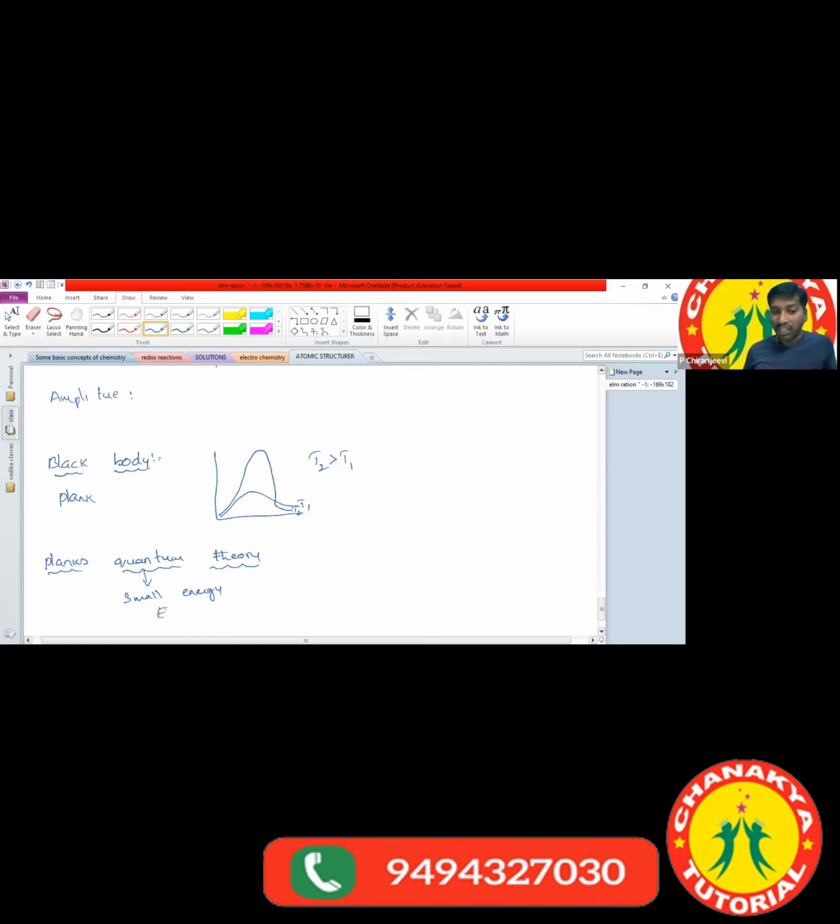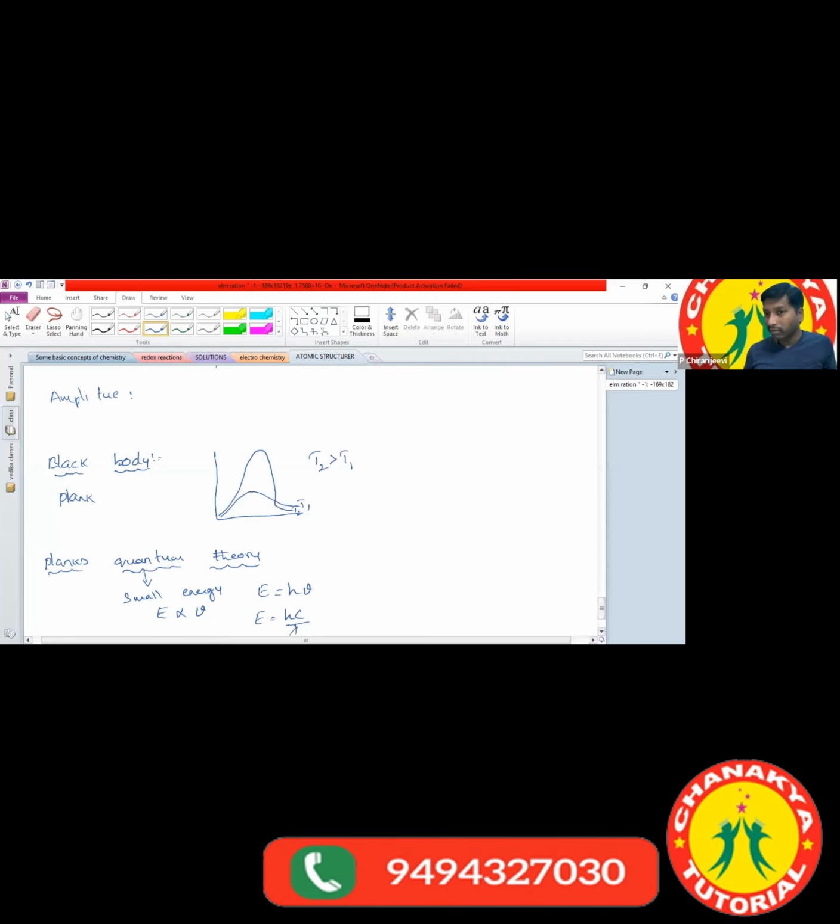The energy of the quantum is directly proportional to the frequency. If the frequency increases, the energy also increases. To remove the proportionality, we take a constant and write E = h nu. In place of nu, we can write c by lambda, so E = hc by lambda.